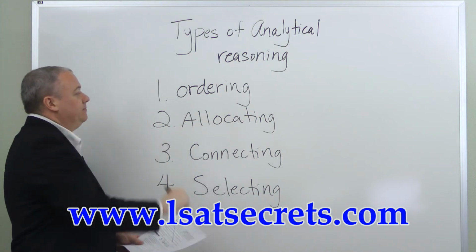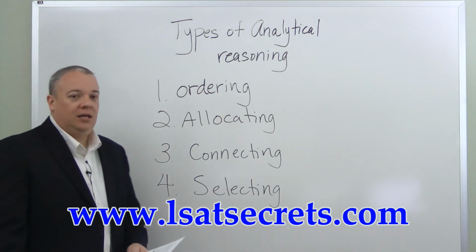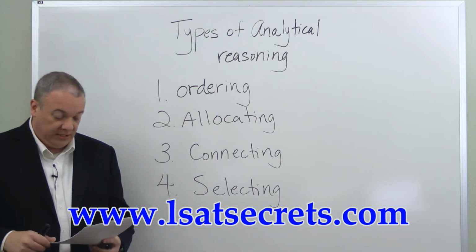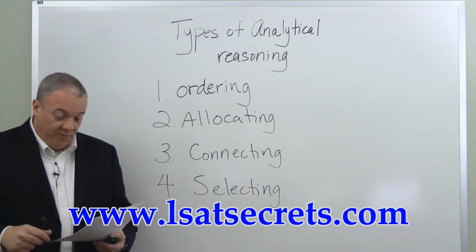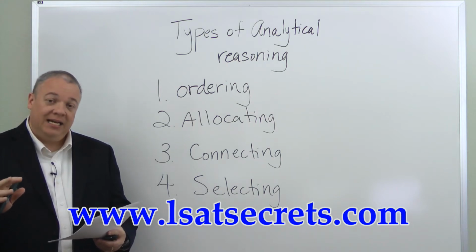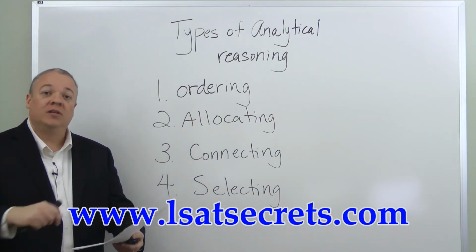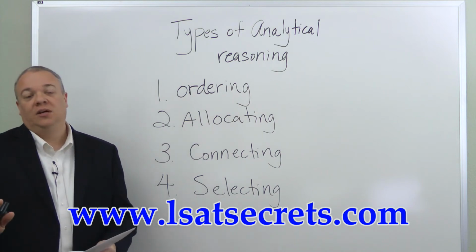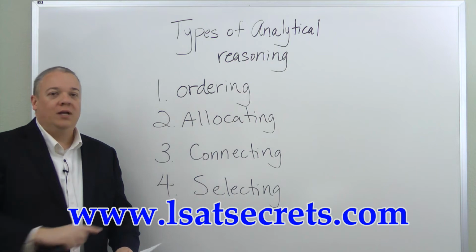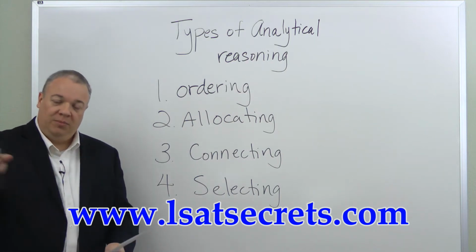There'll also be questions related to allocation, being able to allocate resources, people, things. Once again here, you'll be given different groups, and then you must allocate the objects, people, or things you're given to those groups based on specific criteria. So in the first one, it's all one category, and you put them in a sequence.